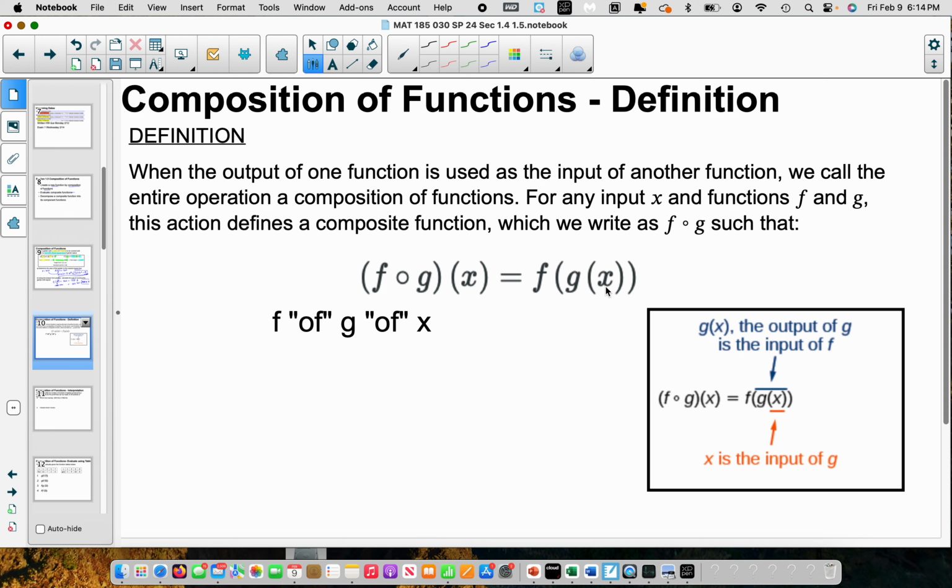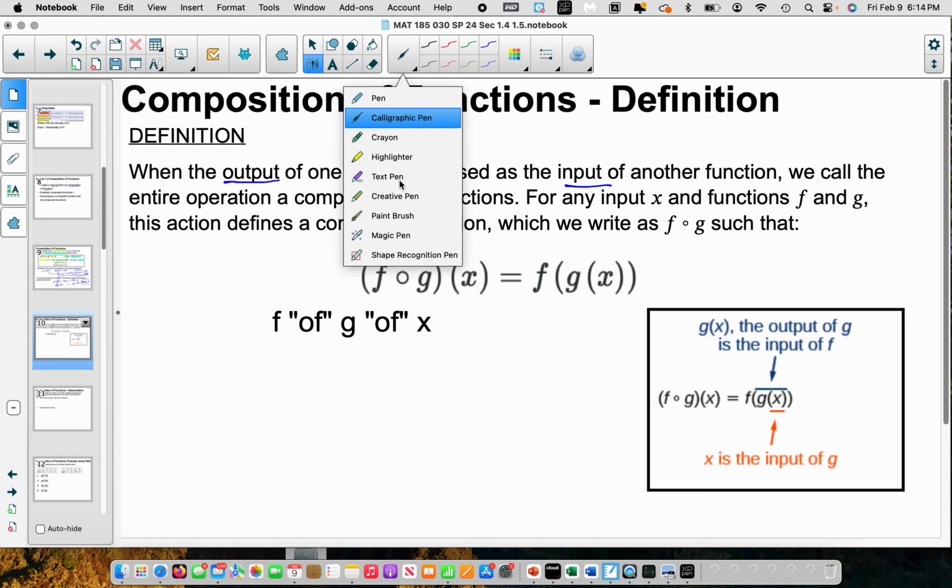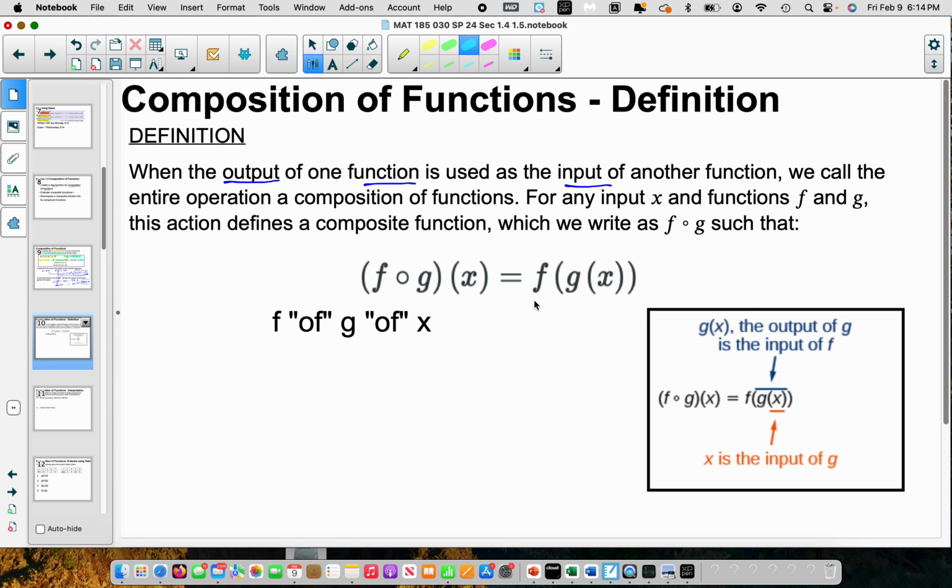So here's the formal definition of composition of functions. Just like I said before, when the output of one function is used as the input of another function, we say that the entire operation is a composition of functions. You can see it in two different notations.